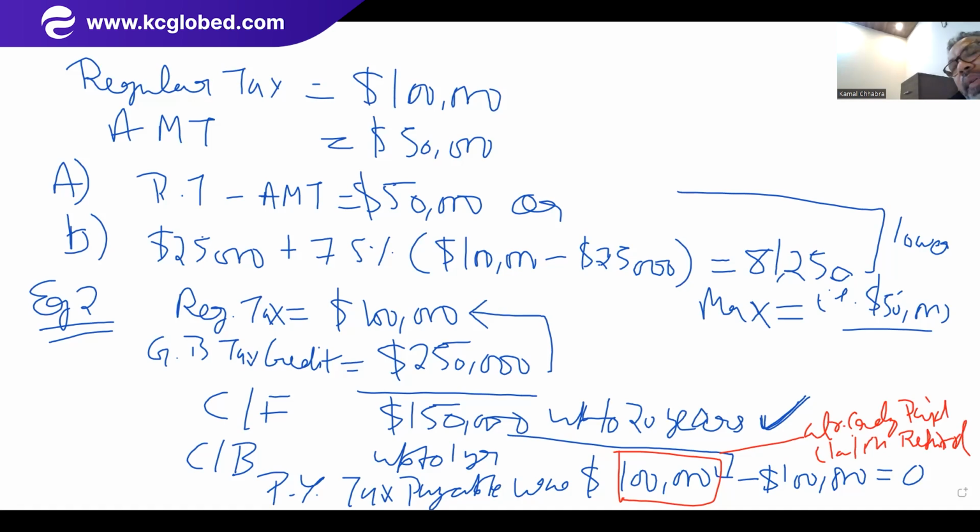So if in the previous year you have already paid the tax liability, then from this carry back of 1 year, you can update the previous year return and claim the income tax refund of $100,000. That is called carry back.